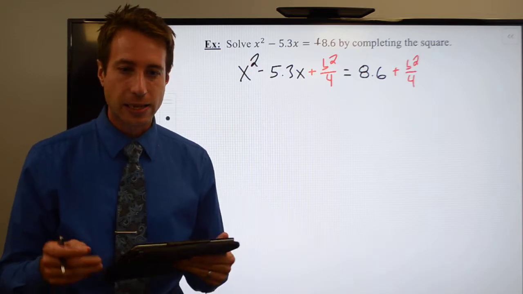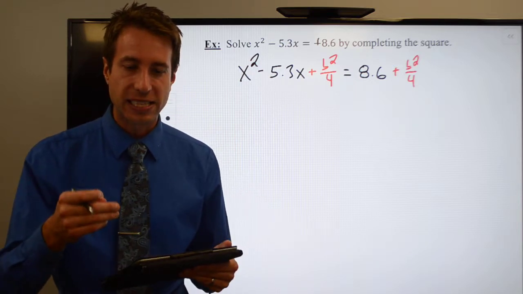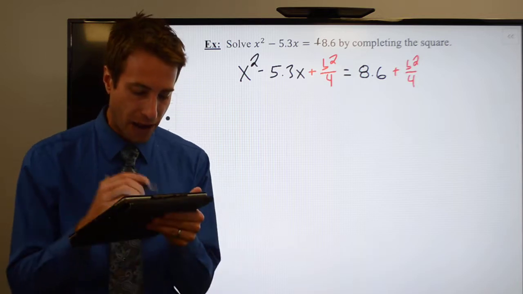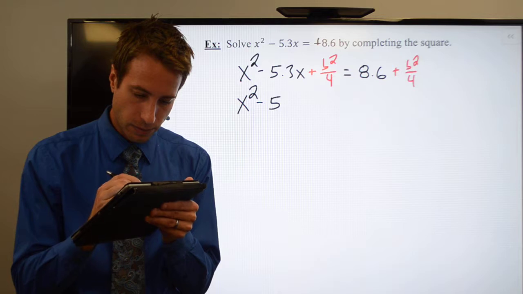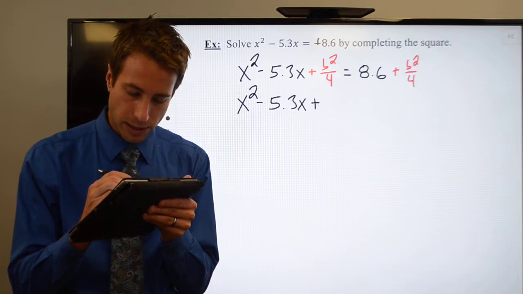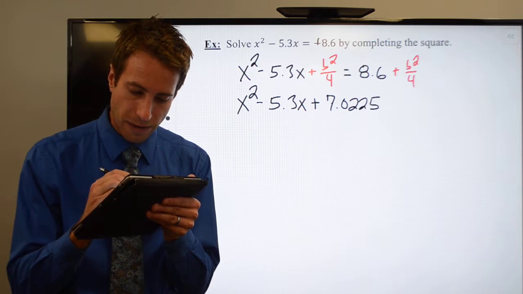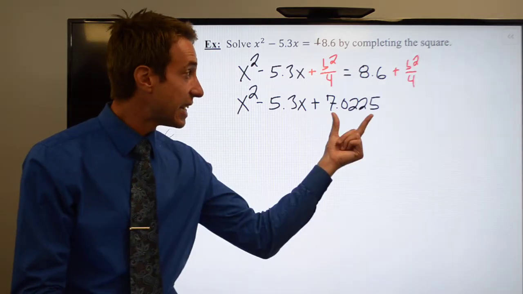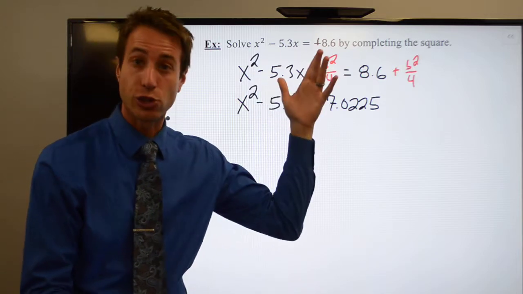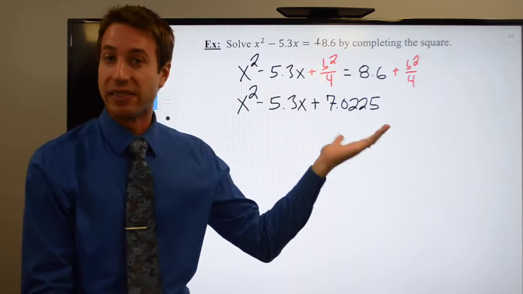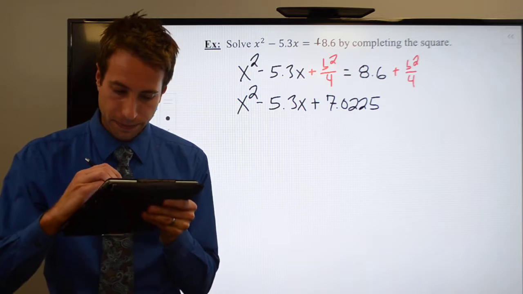And in our case, it looks like it's going to be 7.0225. Plus 7.0225. This is b squared over 4. You square negative 5.3, divide it by 4, and that's what you should get.